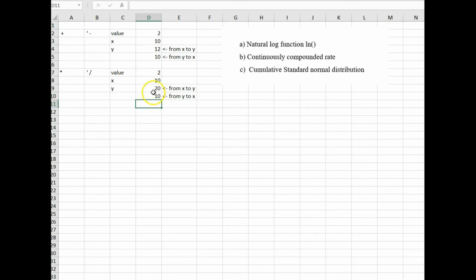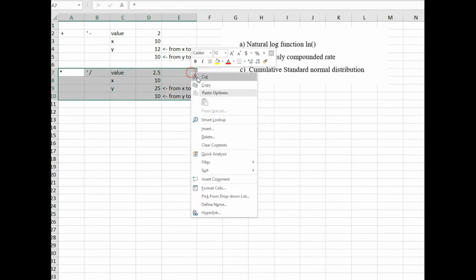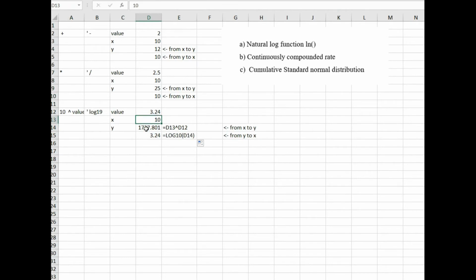So this is multiplication. Suppose this is 2.5, to make it a little bit different. So 2.5 times 10 is 25. 25 divided by 2.5, then we go back to 10. So this is what I call the second pair. The third pair has base 10, and we get this value. Finally, we get our natural log. The last pair is related to our natural log function. So actually, it's exponential versus natural log, Ln.